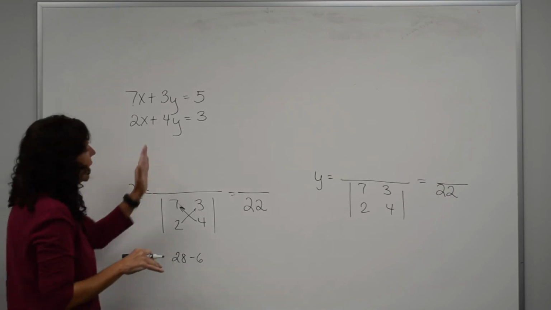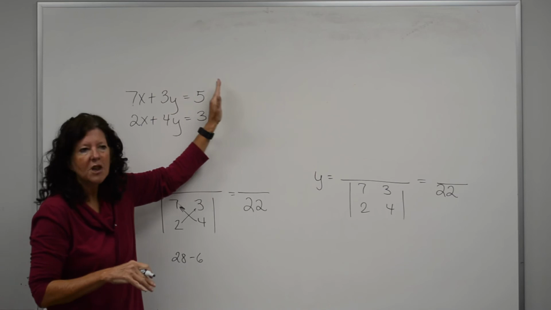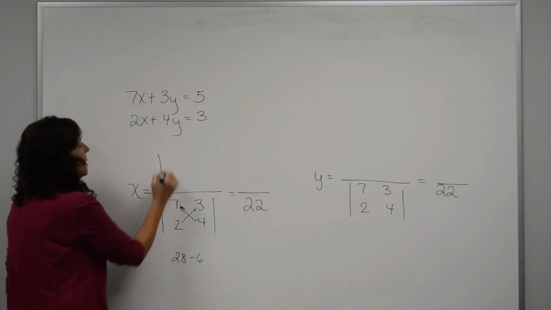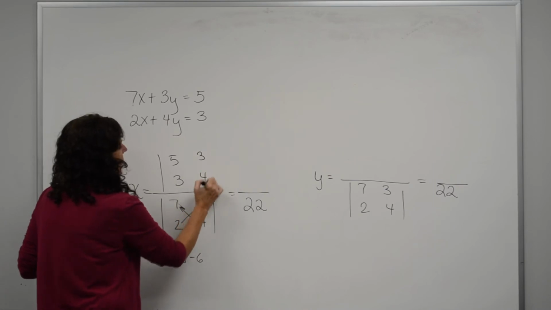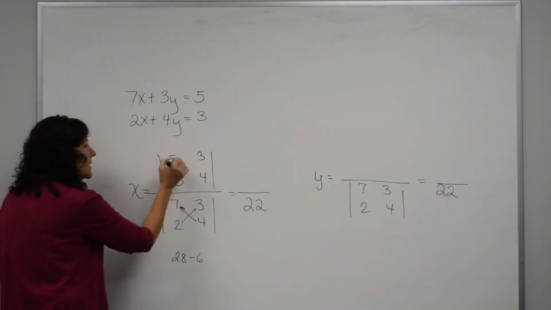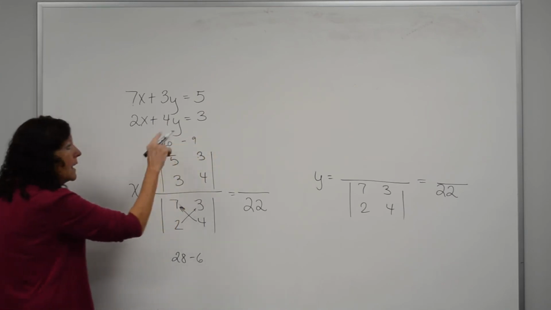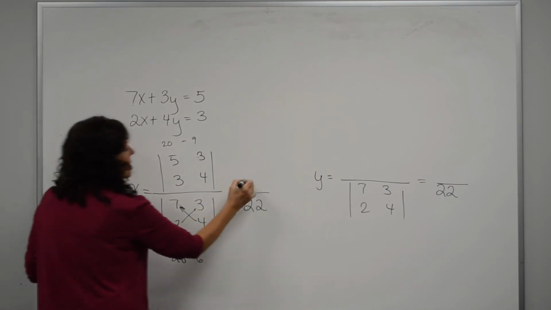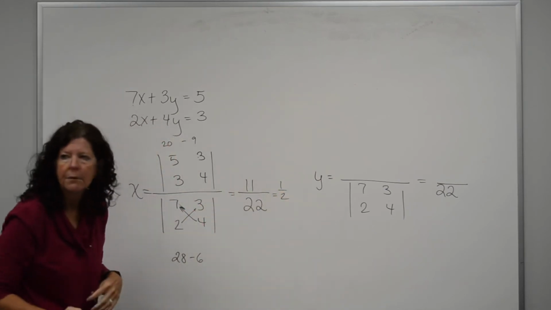Then on the top for this, you start at the back, and it's like you're in China and you're reading backwards. So it's a 5 and a 3 and a 3 and a 4. Then I find the determinant of this. This times this is 20. This times this is 9. So I have 20 minus 9, so I have 11. That reduces down to 1/2.